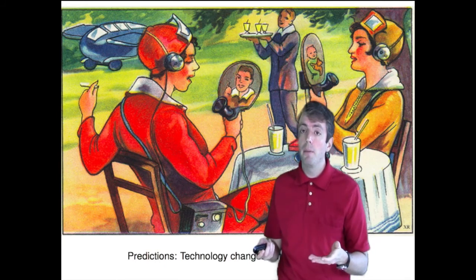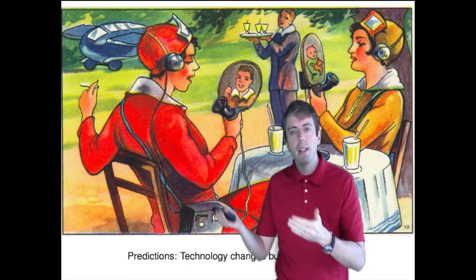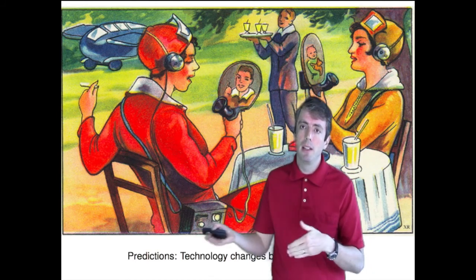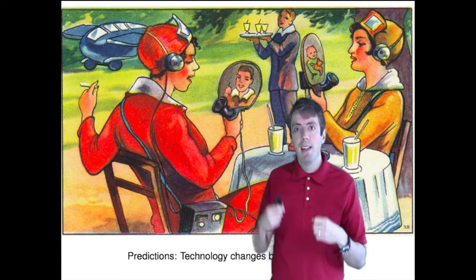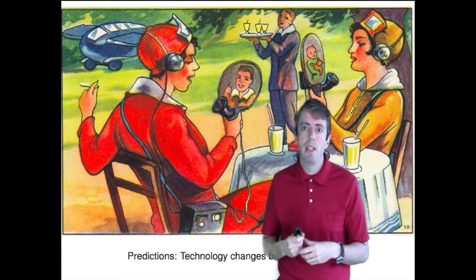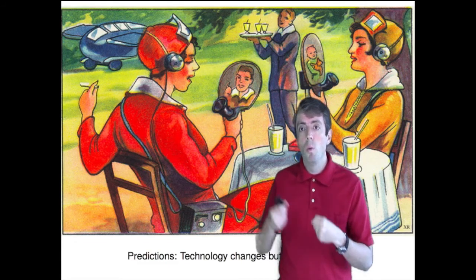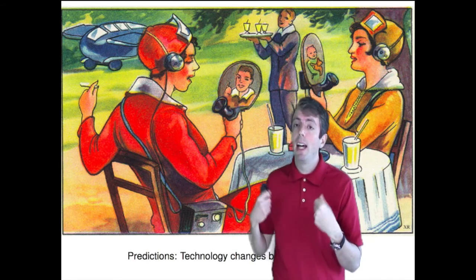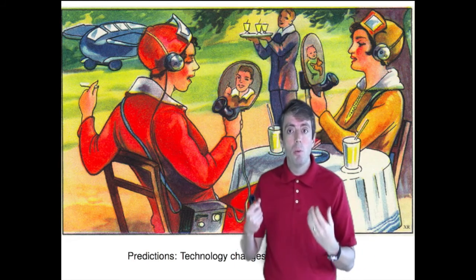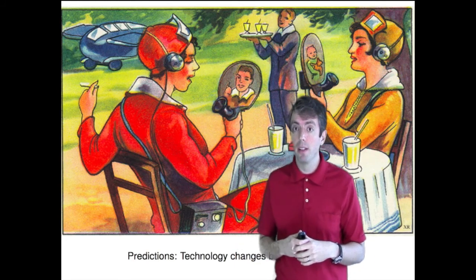Another thing that we'll talk about is people making predictions about how technology will influence society. They imagine society to be static, and they do not fully appreciate how technology will interact with society and change society, and how a different society will make use of technological innovations.